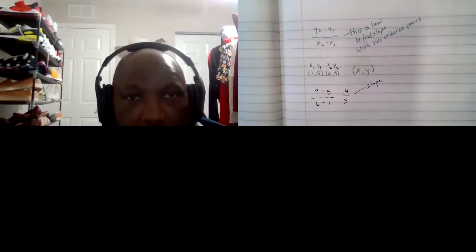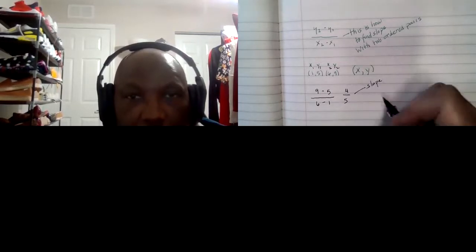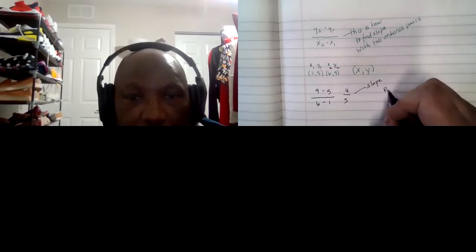Then you just do the calculation. 9 minus 5 is 4. 6 minus 1 is 5. That is your slope. It looks like a fraction. Most of the time, do not treat it like a fraction, because really it is rise over run. And that's what you figured out from these two sets of coordinates.